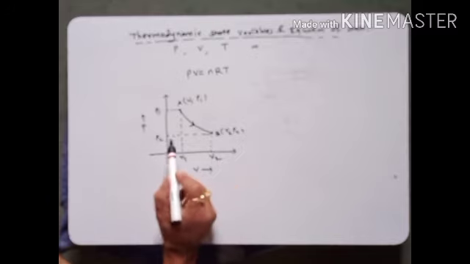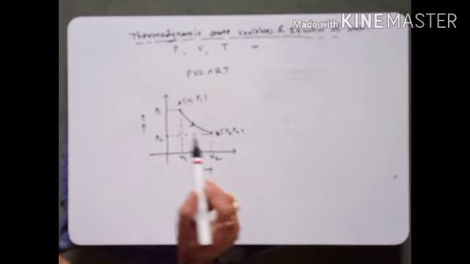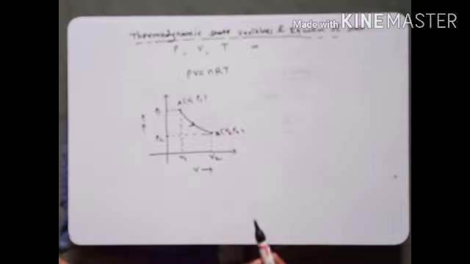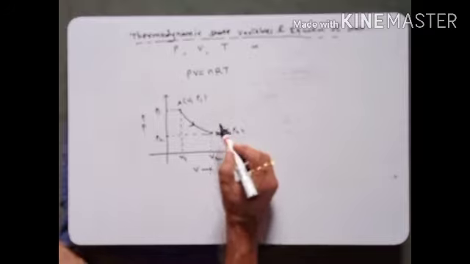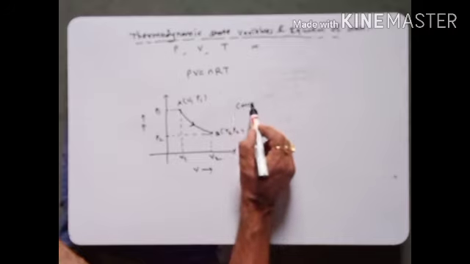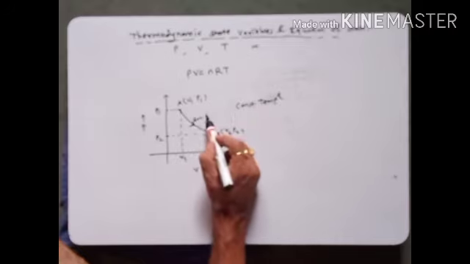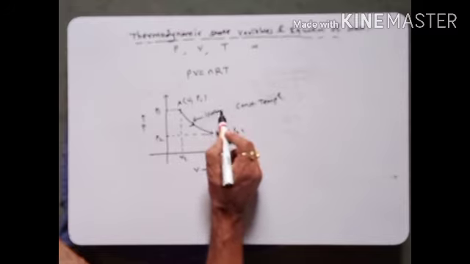If pressure increases from P2 to P1, then volume decreases from V2 to V1, and this all change takes place at constant temperature. So this curve is also called an isothermal curve.